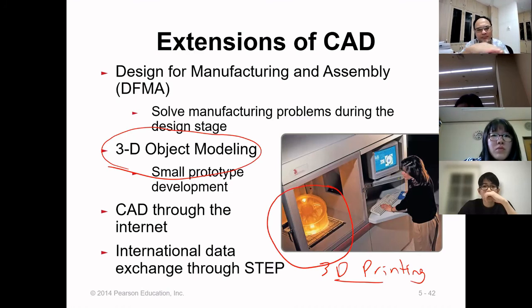You produce the product layer by layer. And today there are examples of them making 3D-printed construction houses. They're making houses in 3D. So this is part of design for manufacturing and assembly.